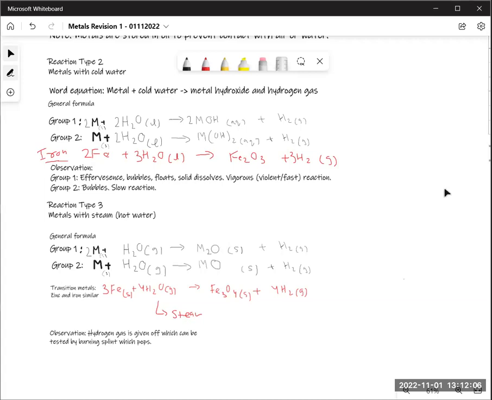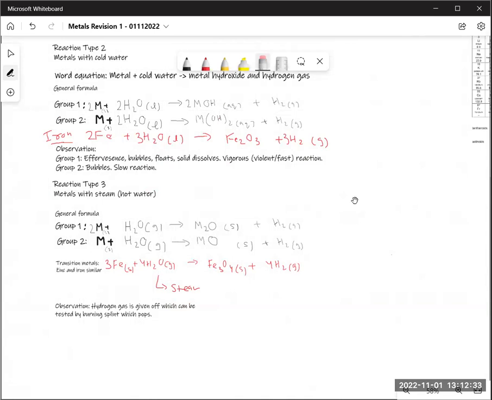Yes, sir. Now, these are actually the things which people get confused in. These questions come in the exam and they're like, how can I know that it's going to be 2 metal plus 2 water gives 2 MOH plus 1 hydrogen? So there are rules for everything. There's a format for everything. By the way, this is not given in your book. So I try to give you a general format for everything.